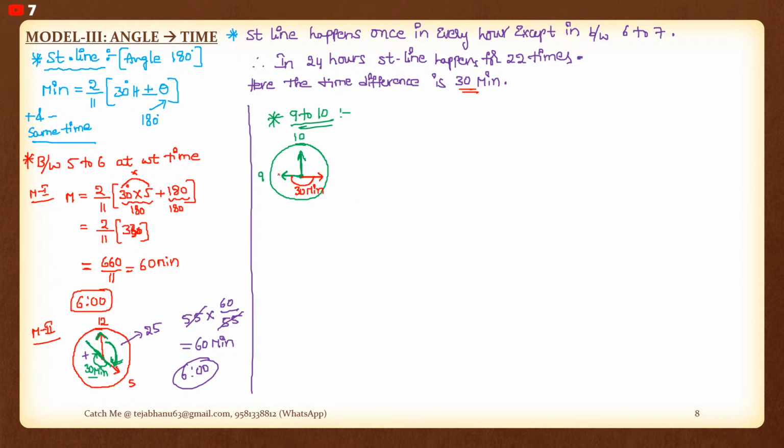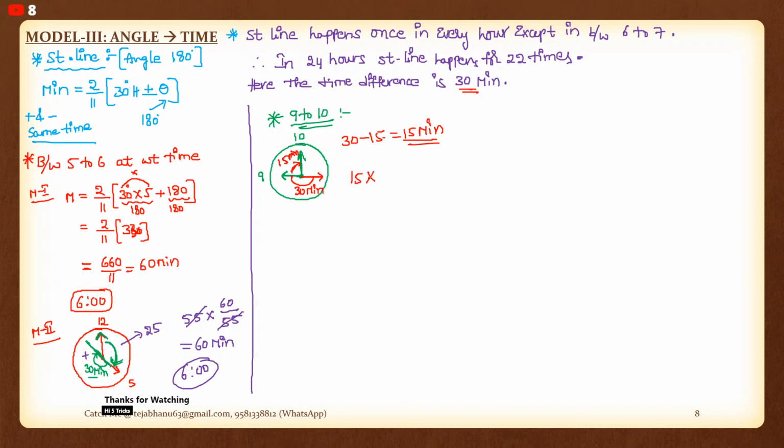Already, the minute hand is 15 minutes ahead of the hour hand. That means here 30 minus 15. Again, that means the minute hand has to travel 15 minutes further to be in a straight line.